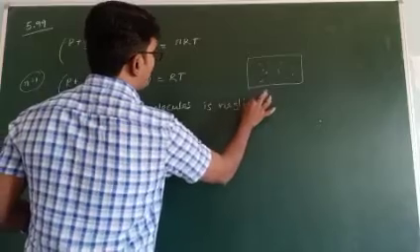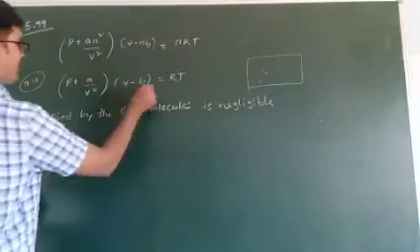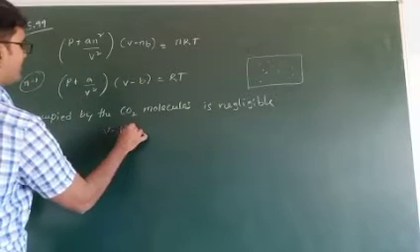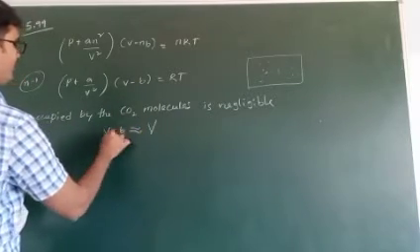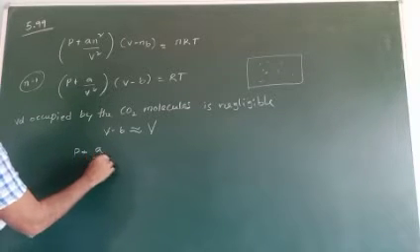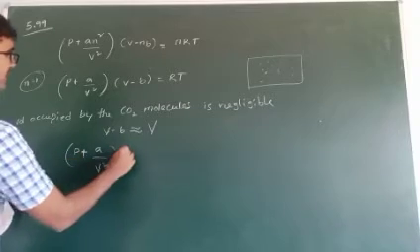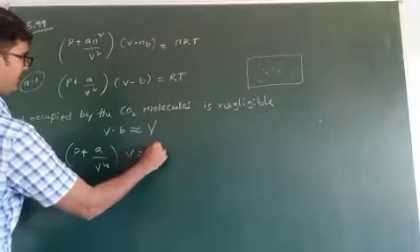Negligible means you have to take the total volume, the initial volume. Then V minus b should be equal to V. Then substitute: P plus a by V square into V is equal to RT.